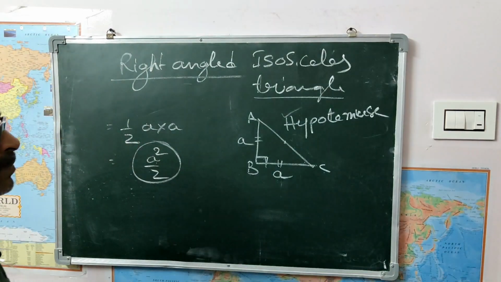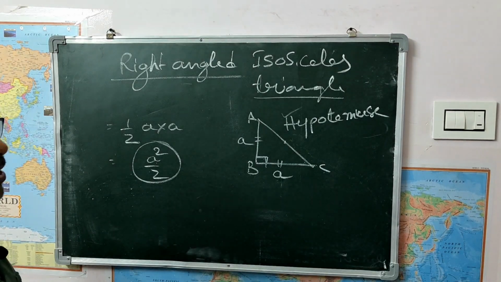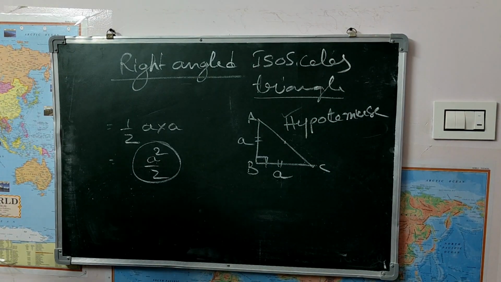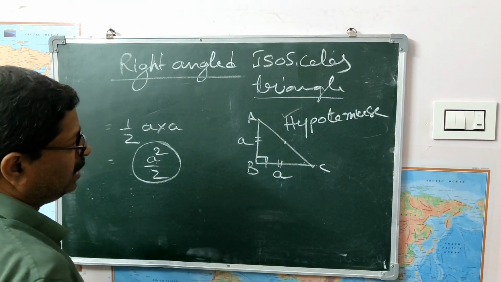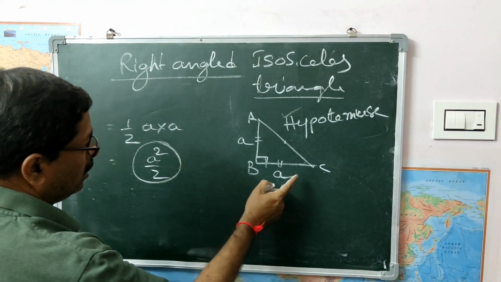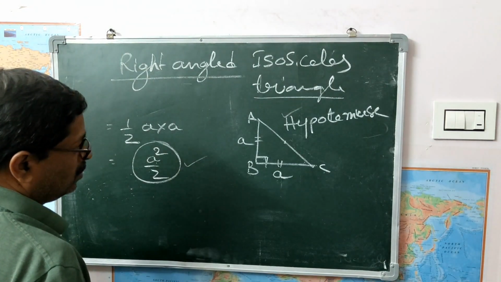There is a very famous theorem about right angle triangle, that is Pythagoras theorem, and that can be discussed in other videos. For the time being, understand the area of a right-angled isosceles triangle as A square by 2.